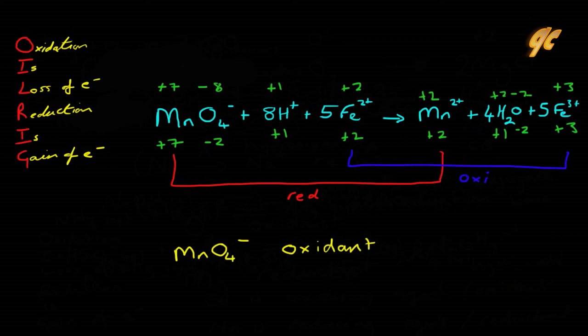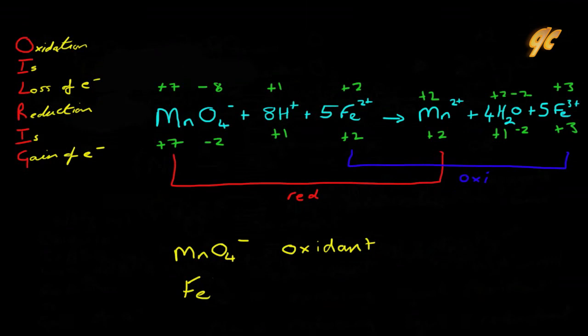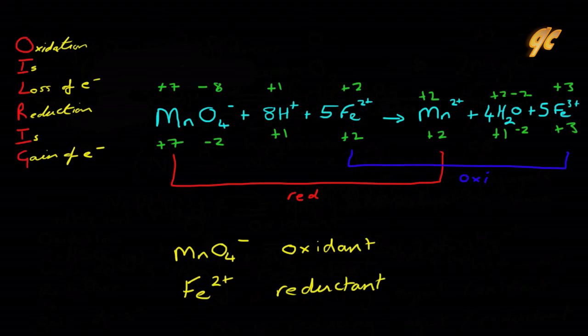The hydrogen and the oxygen don't change oxidation state. Therefore, the reductant must be the iron(II) ion. It's important to note when quoting an oxidant or a reductant you must give the full chemical formula, as the manganese itself is attached to the oxygen.